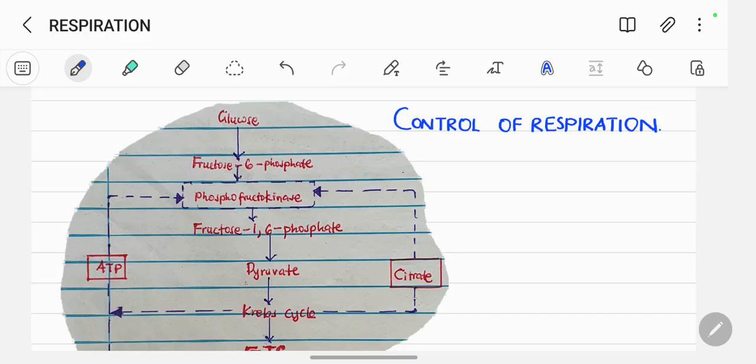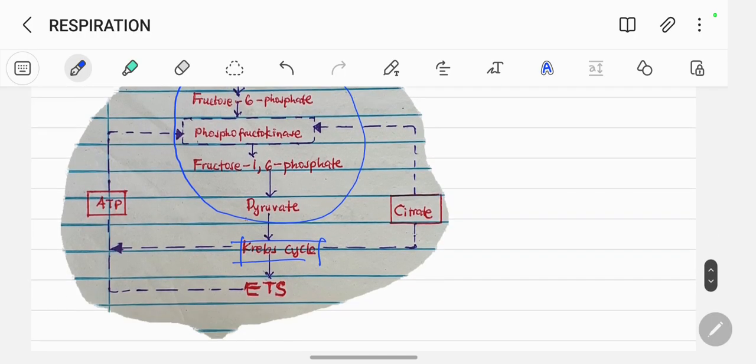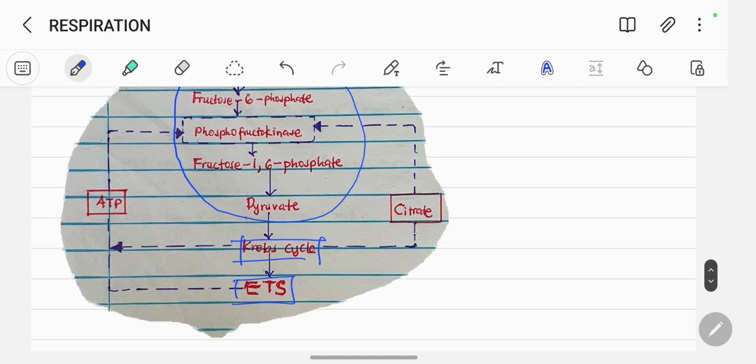So in our control, I'm having glucose. This part here is glycolysis. Then we enter Krebs, then the electron transport system.